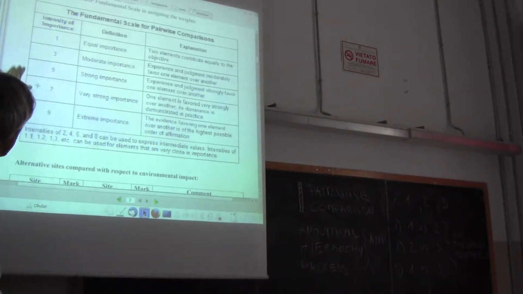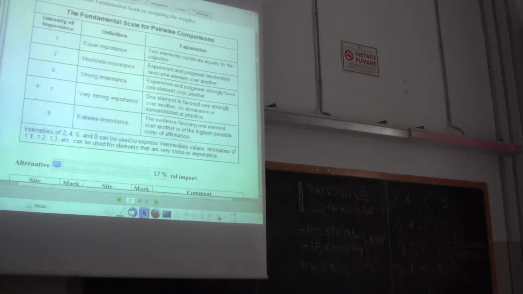And you can use also an intermediate scale. You could say 2. Let's say that 1 is equal importance, 3 is moderate importance, 5 is strong importance, strong preference, 7 is very strong preference, and 9 is extreme preference. This is just an agreement in order to express our preference in numerical terms.